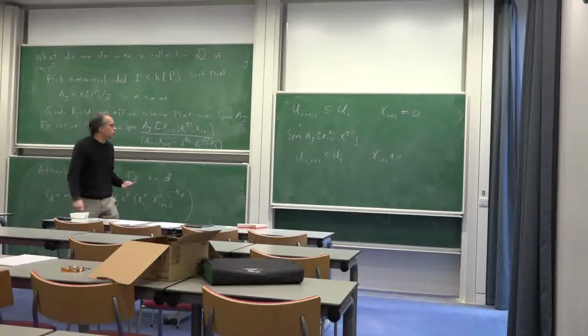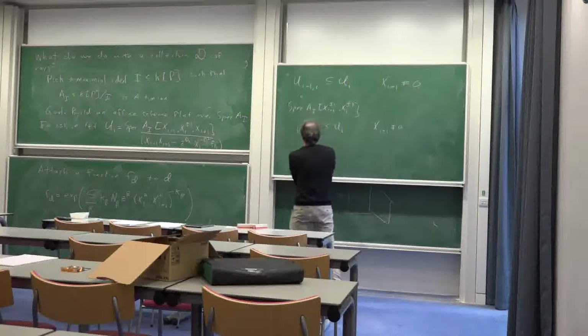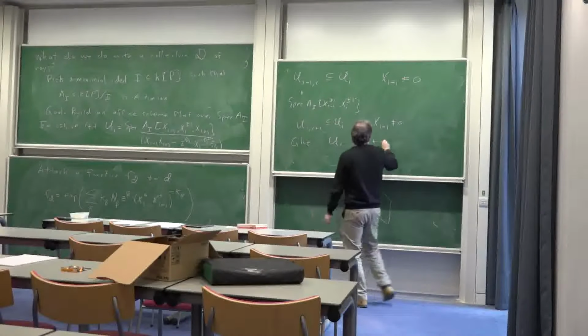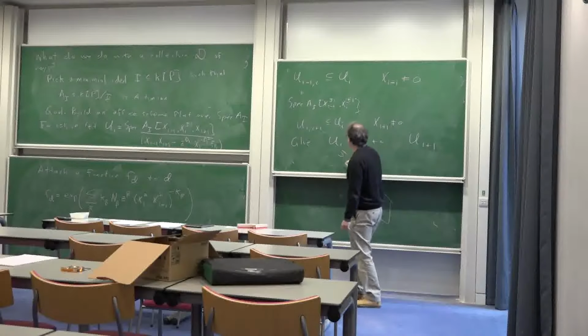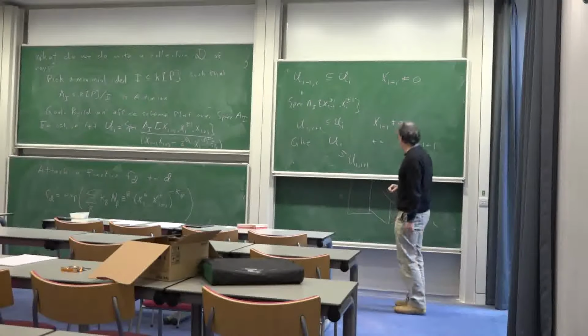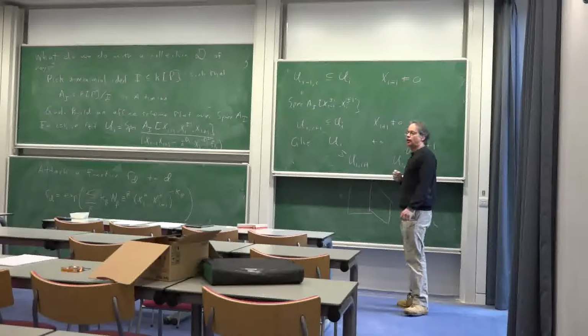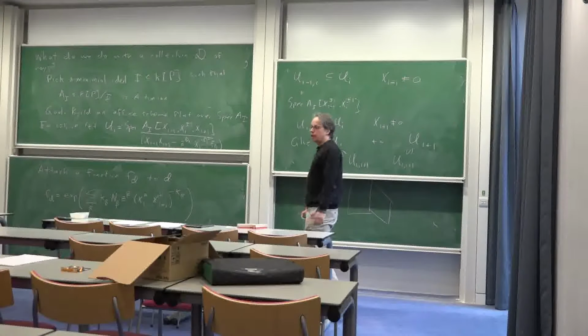So now what I want to do is glue all these pieces together. So glue U_i to U_{i+1}. How do I do that? Well, I have sitting inside here this algebraic torus, U_{i,i+1}, and similarly, I have U_{i,i+1} sitting inside here. These are canonically identified because it's Spec of the same ring.